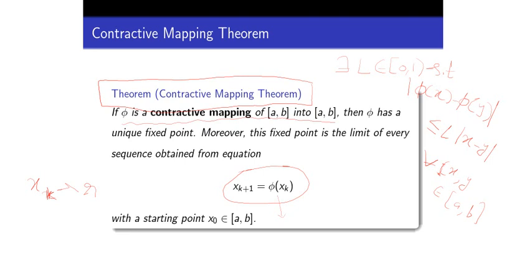How the proof will go here: what you have is the functional iteration x k plus 1 equals phi of x k.